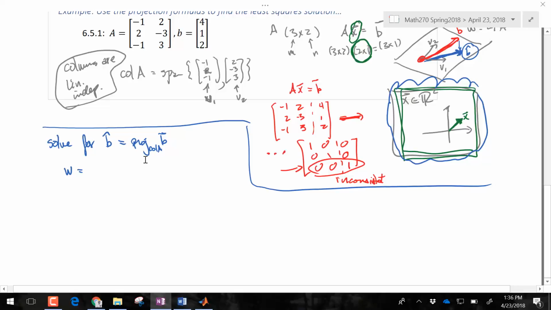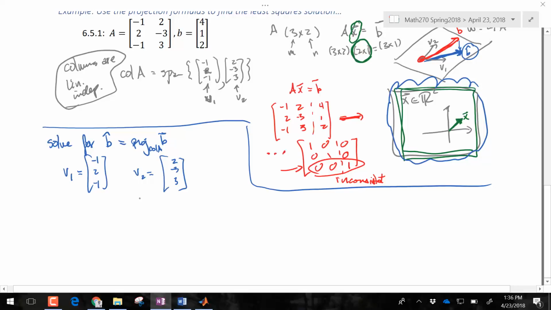All right. So I don't want to use W because it's the column space. So I have V1: minus 1, 2, minus 1. And then I want an orthogonal projection, V2: 2, minus 3, 3.